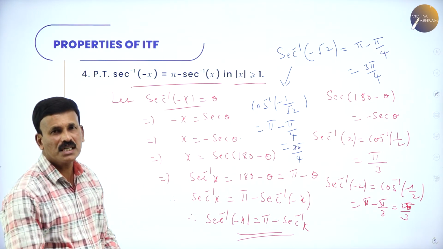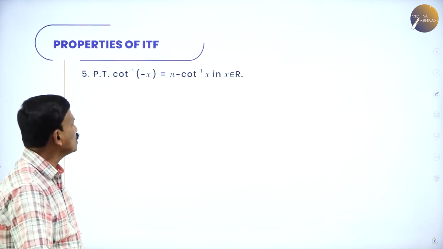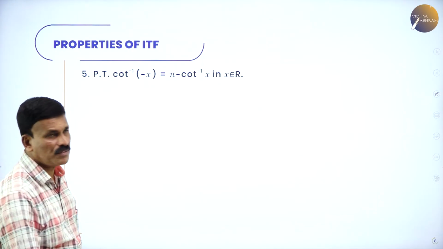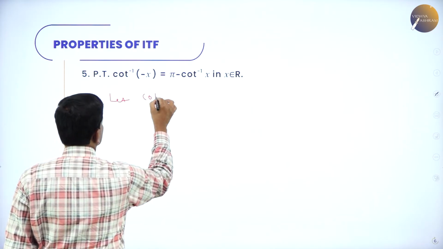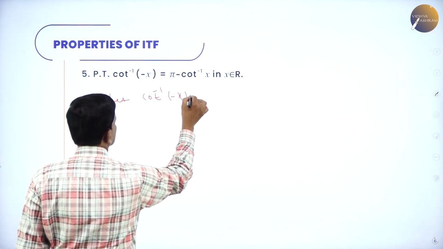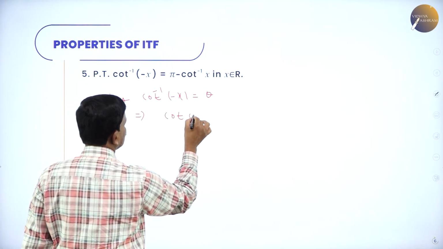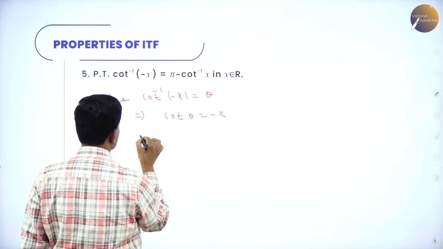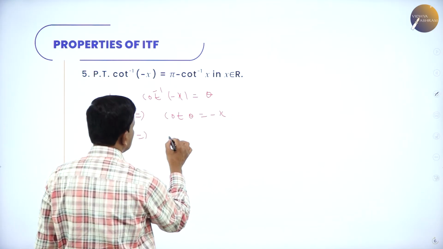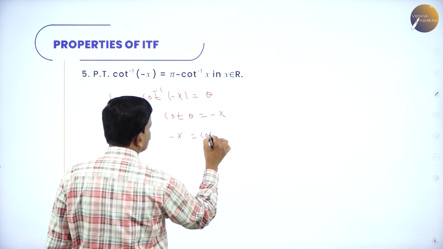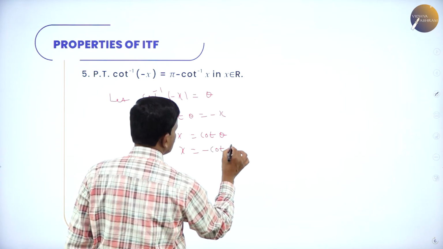Now let us come to the next property, that is, prove that cot inverse of minus x is equal to pi minus cot inverse of x. Same type. Let cot inverse of minus x be equal to theta. This implies cot theta is equal to minus x, or interchanging, minus x is equal to cot theta. Multiplying by a negative sign, x is equal to minus cot theta.